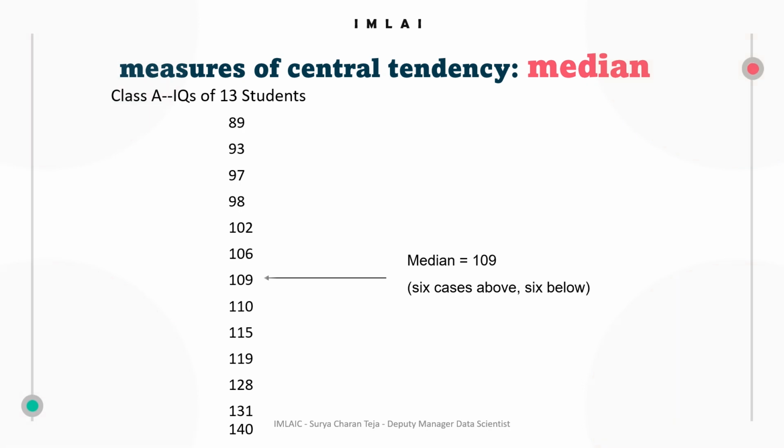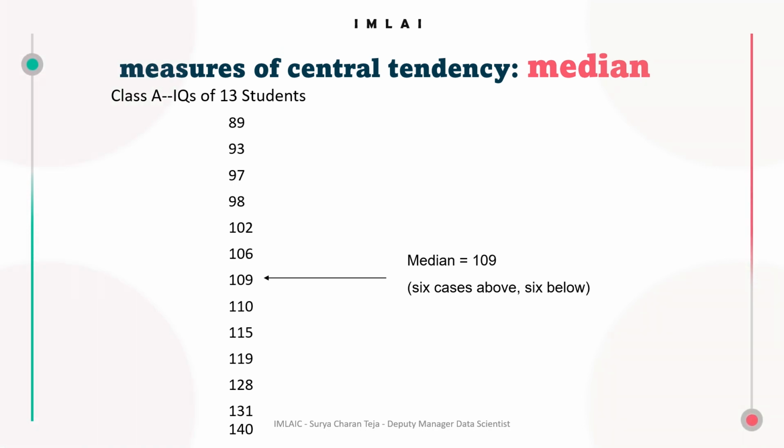That's it. 6 cases above: 1, 2, 3, 4, 5, 6. 6 cases below: 1, 2, 3, 4, 5, 6. So that's our median. It represents a value that separates the data set into two equal halves. That's the example you have seen.